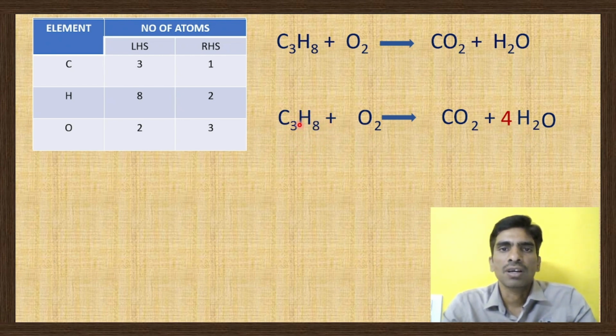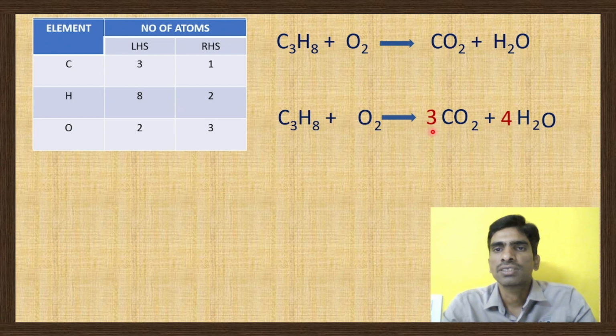Again, if we see the carbons, there are 3 carbons on the LHS, but here there is only 1 carbon. Here also we should write 3 as the coefficient. Now carbon atoms are balanced.